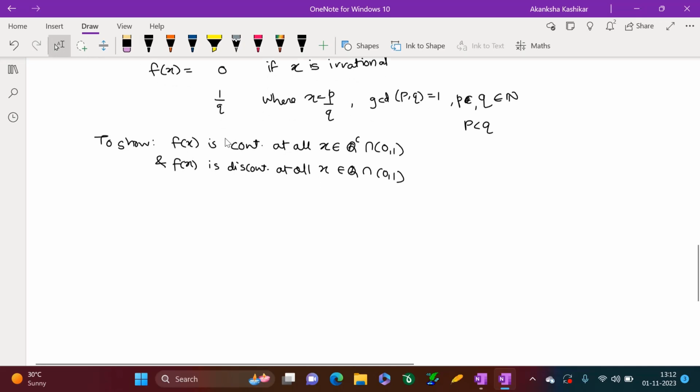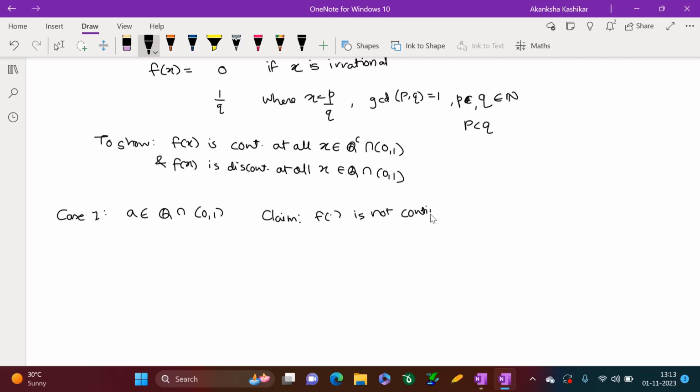Okay, so first we will talk about rational numbers and we will show that it is not continuous. So case 1: a belongs to Q intersection [0, 1], and our claim is f is not continuous at a. Okay, that is my claim.